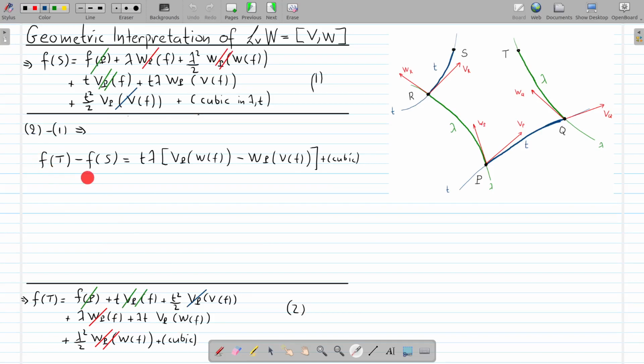So if we want to compute the difference of those values, then we see that many cancellations occur. So this one cancels this one, this one cancels that one, and this one cancels that one, and this cancels this. So the only thing that we're left with are those terms here.